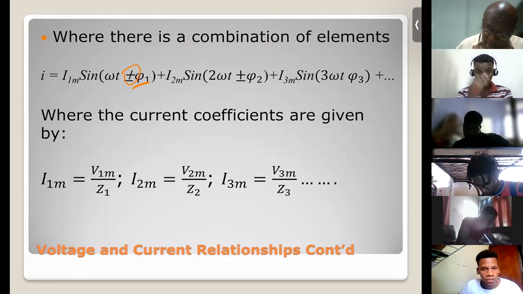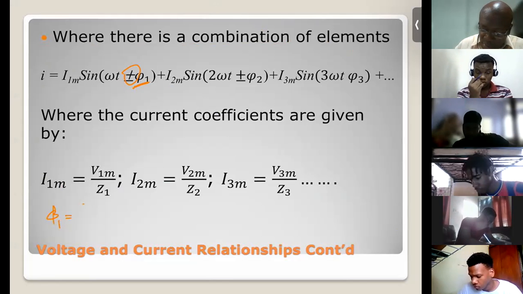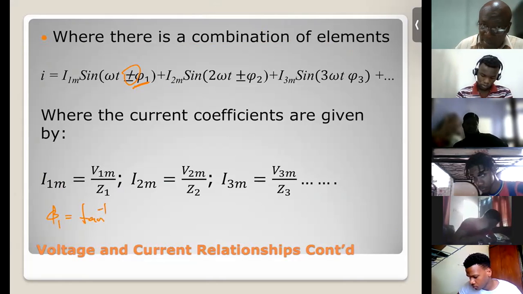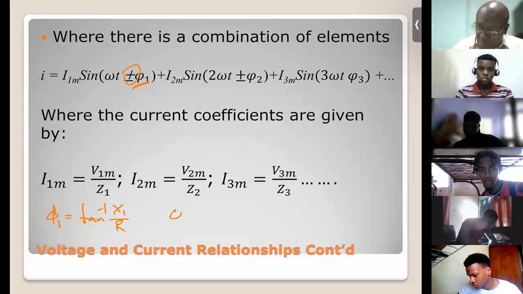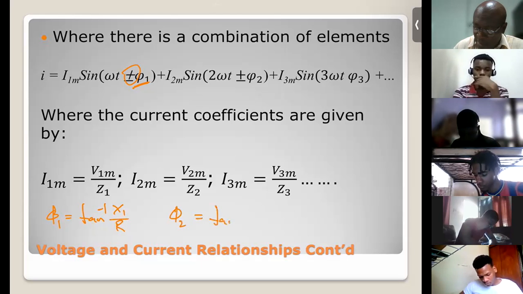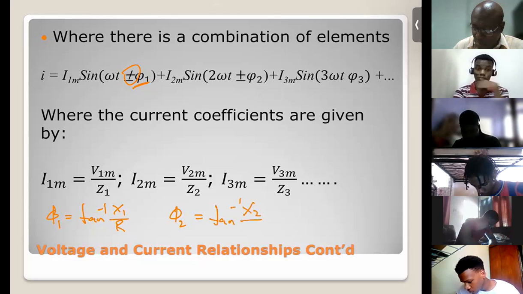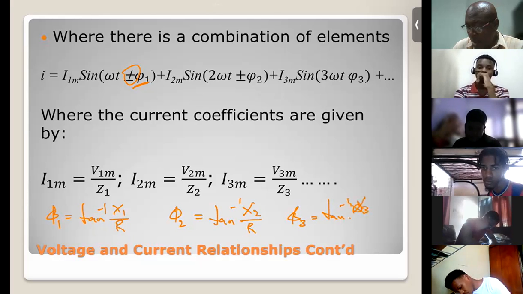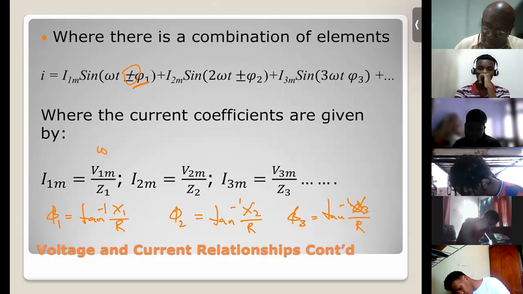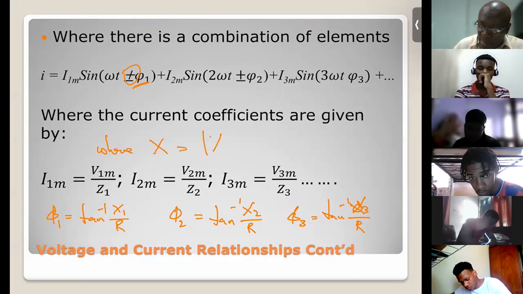However, phi 1 would be equal to the inverse tan of X1 over R. Phi 2, inverse tan of X2 over R. And phi 3, inverse tan of X3 over R, where X is equal to XL minus XC.